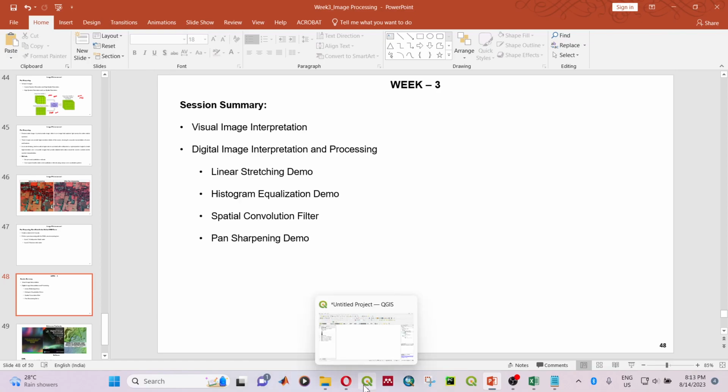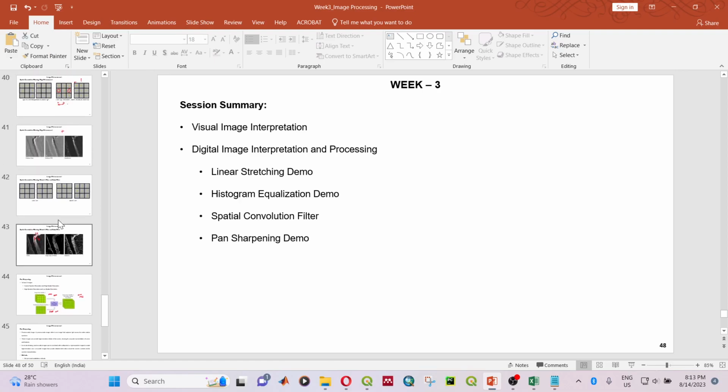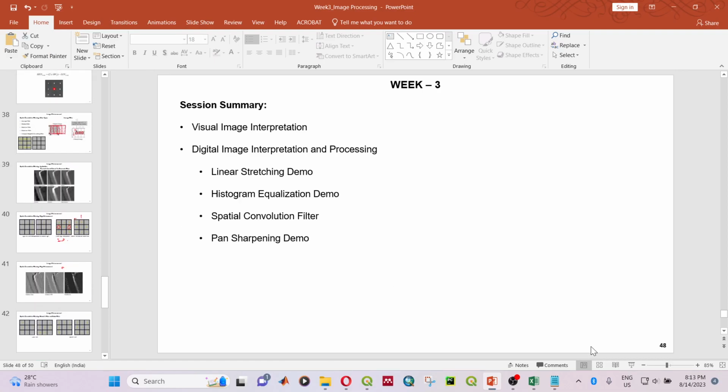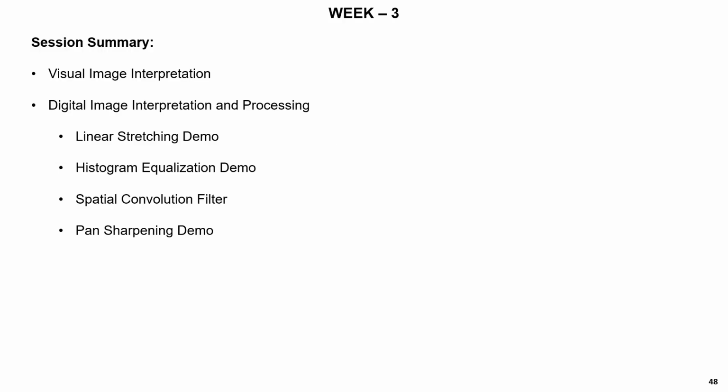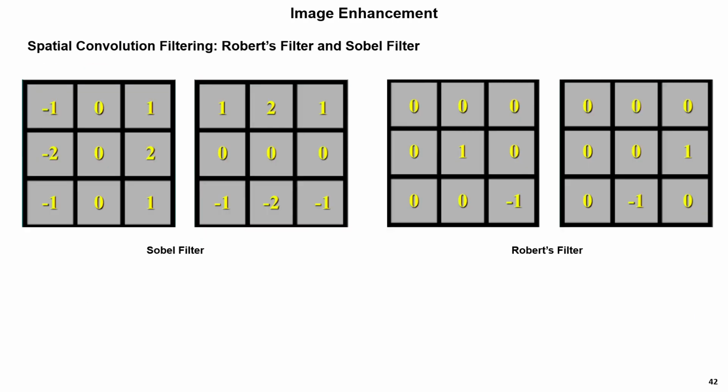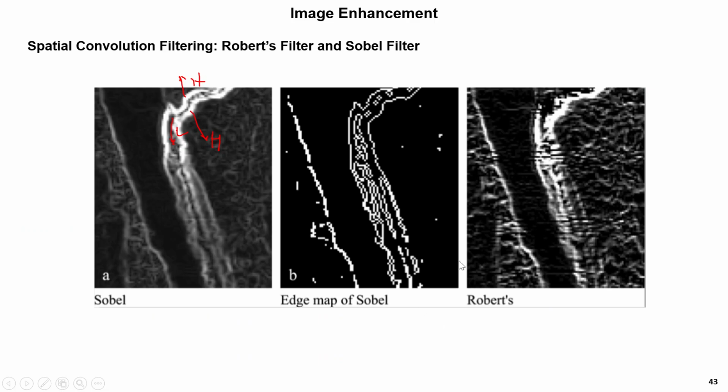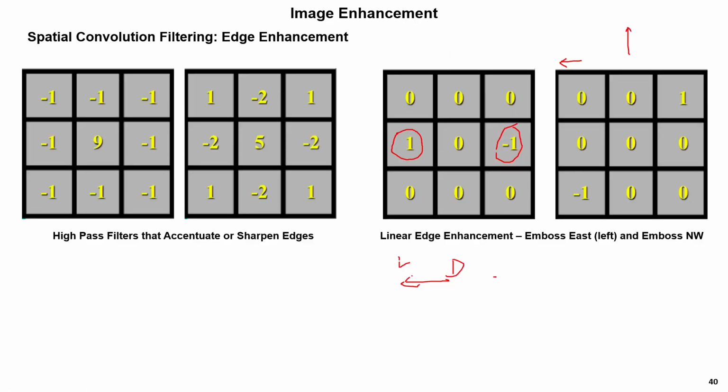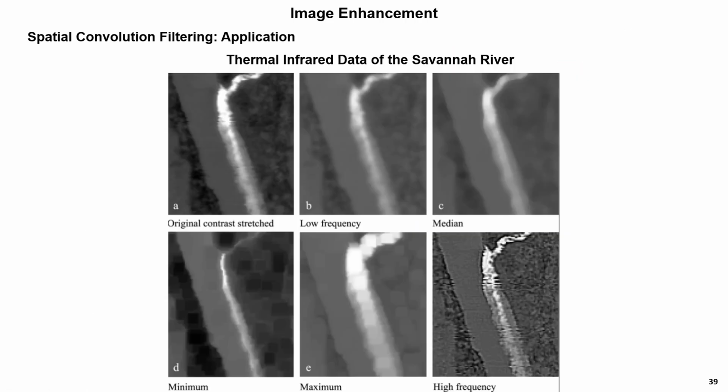Regarding the convolution technique, can you discuss some of the advantages and disadvantages? By making use of convolution techniques, you are basically going to enhance some part of the image which is of importance to you. One of the applications I just explained is how the convolution filter can help in finding out industrial discharge into the river.